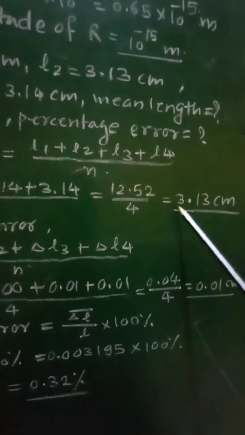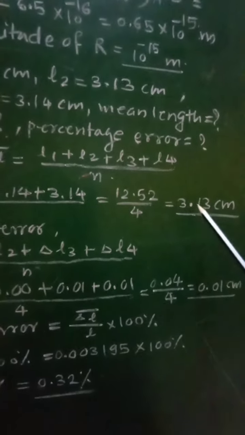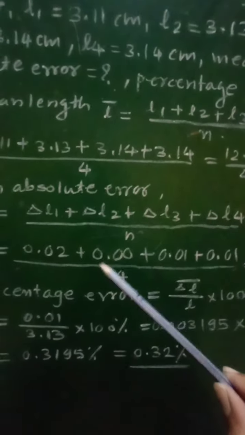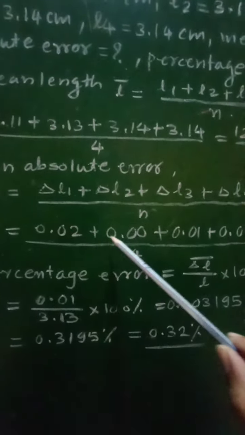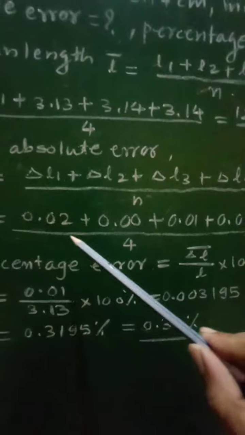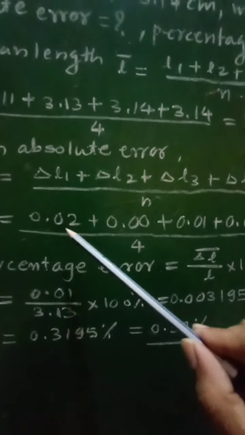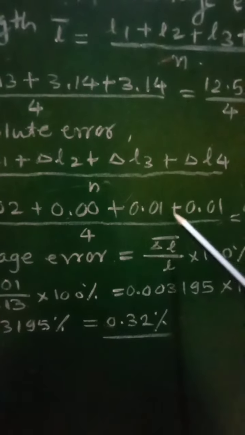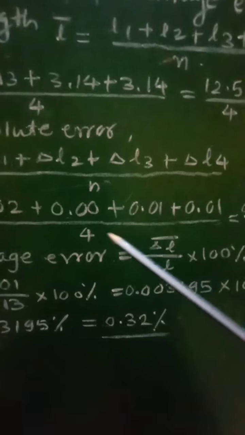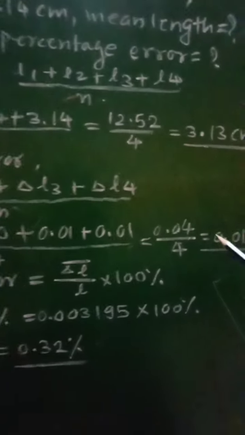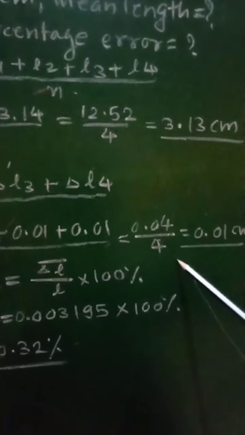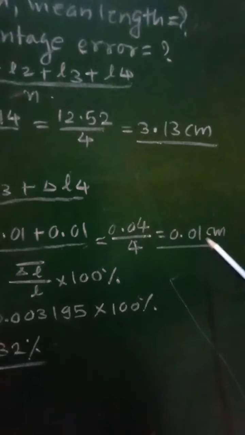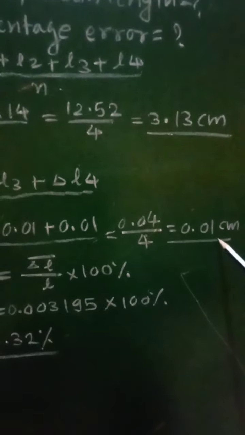Similarly, for the second reading 3.13 minus 3.13 we will get 0. In this way, for all 4 readings we get the absolute errors: 0.02 plus 0.00 plus 0.01 plus 0.01 and divided by 4. That comes out to be 0.04 upon 4, which is equal to 0.01 centimeter. This will be the mean absolute error.